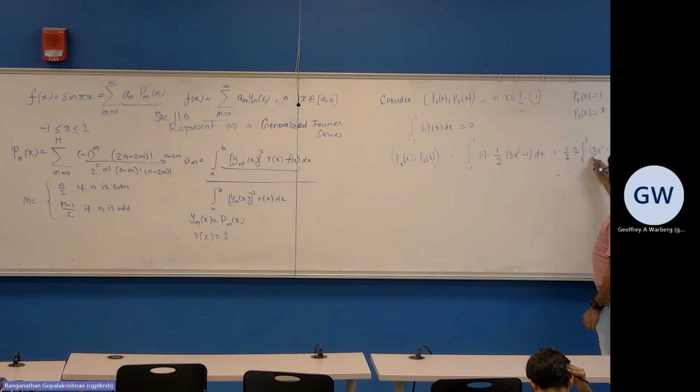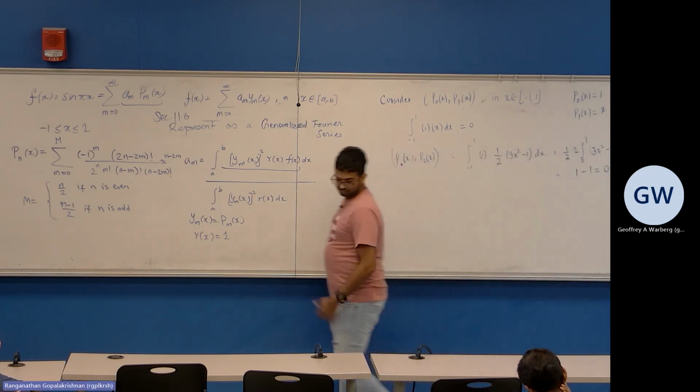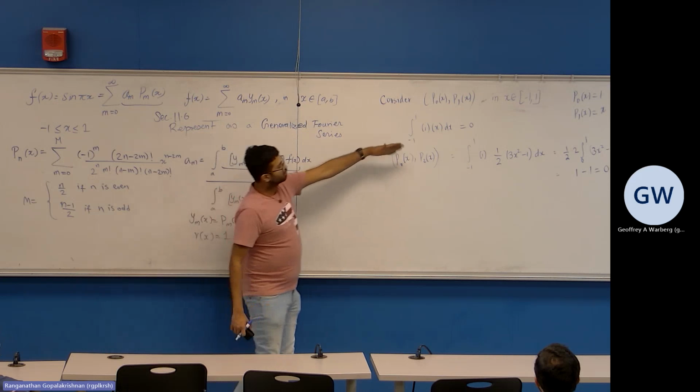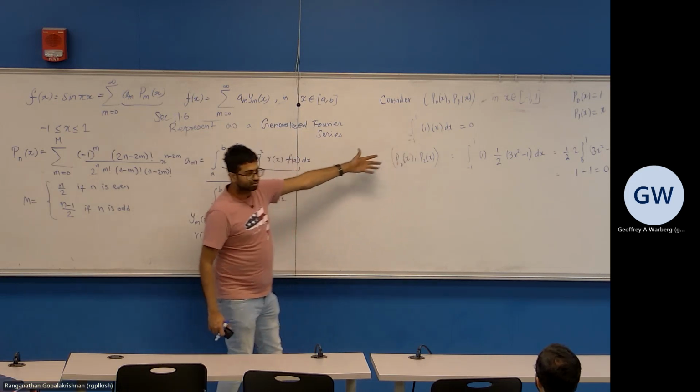The antiderivative of 3x squared is x cubed, so 1 minus 1 equals 0. So you can prove many of these by trial and error, trying specific values of m and n instead of trying to handle the whole beast.